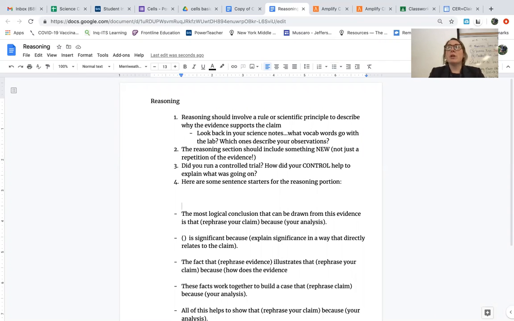Something new that you should bring in is any knowledge about a scientific principle or a rule that has to do with your findings. So for example, when you looked at the sling cats and you saw that when you did not put in a mutation, no changes occurred, you could assume that there are no additional genotypes in the population.